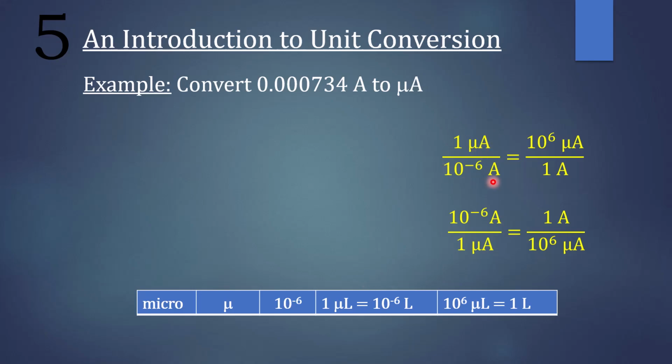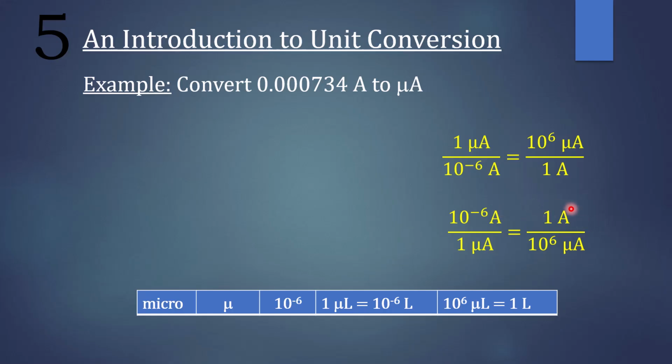So this term here, this 1 microamp to 10 to the minus 6 amps, comes directly from 1 microamp is equal to 10 to the minus 6 amps. And this term here, this half of the equation, 10 to the 6 microamps per 1 amp. And that's exactly what I've got written here. Now, this one down here, I've just taken the reciprocal.